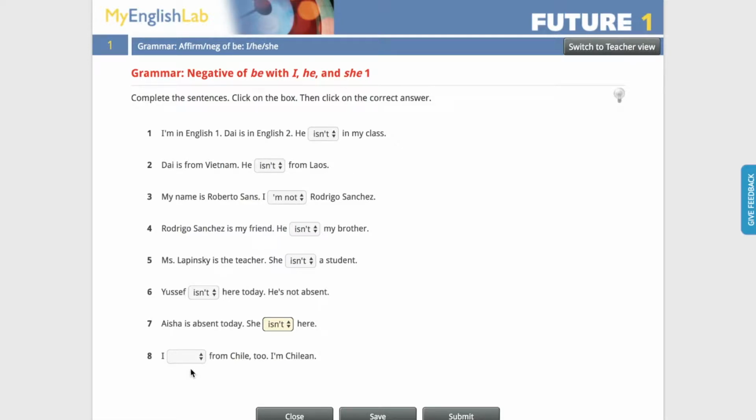I'm not from Chile. 2. I'm from Chile too. I'm Chilean. We're going to have to go back and see. There's some errors in here. And you may want to look at, okay, here is the teacher view.